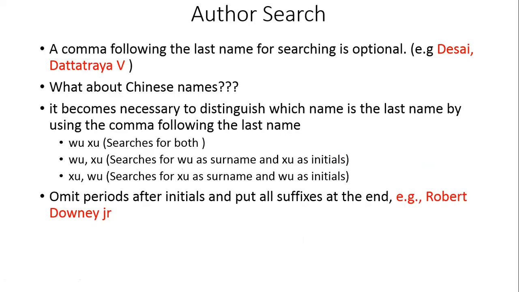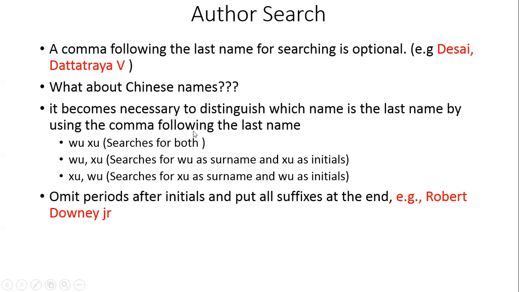Usually a comma following the last name in the search is optional. But it is better if you provide a comma after the last name so that your search engine would know that whatever is present before this comma is the surname, and whatever is present after the comma are the initials.